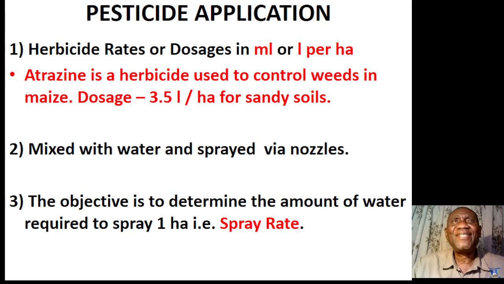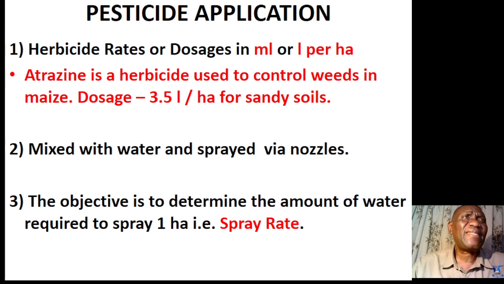Even if we give you a bottle of a 5-liter, and we say spread it per hectare, you may find it difficult. So you need the generation of droplets via nozzles.